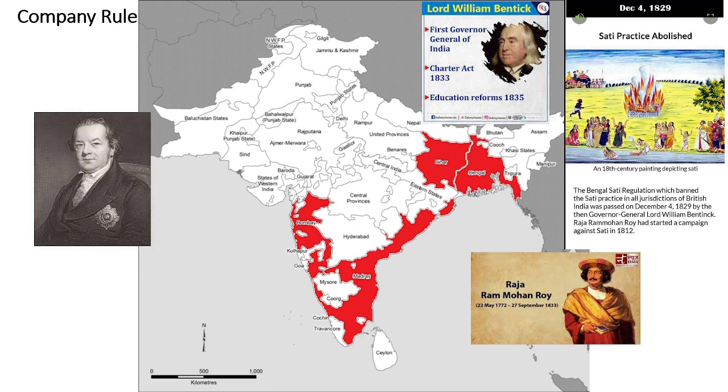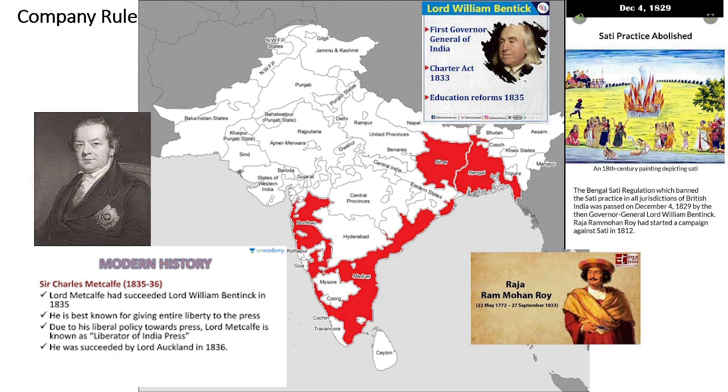After Bentinck, Charles Metcalfe was appointed Governor General of India, and he was known for giving entire liberty to the press of India, and that's why he was famously called the liberator of the Indian press.